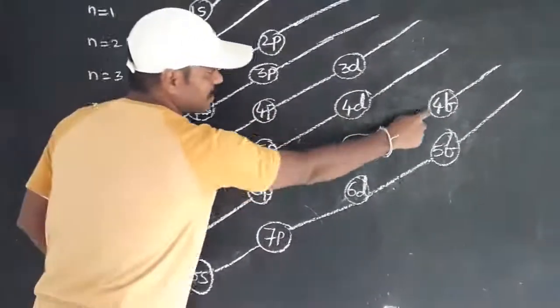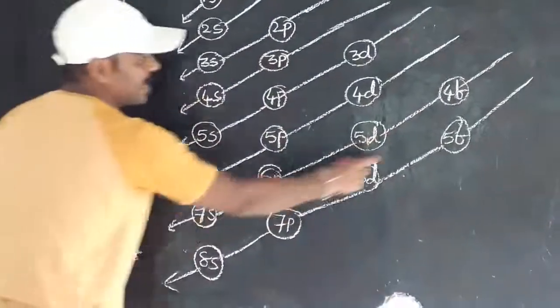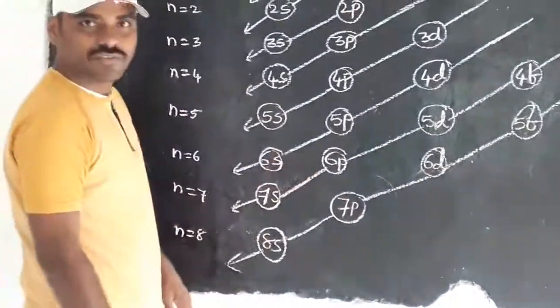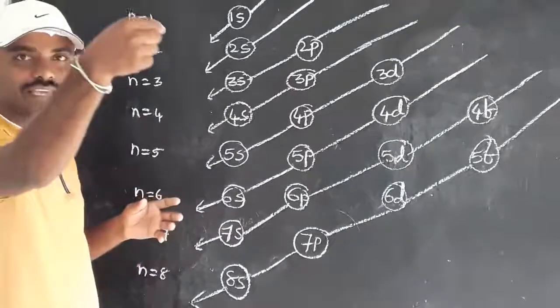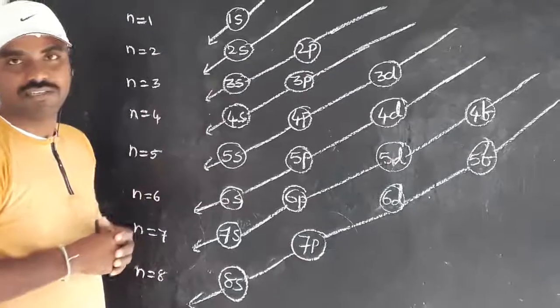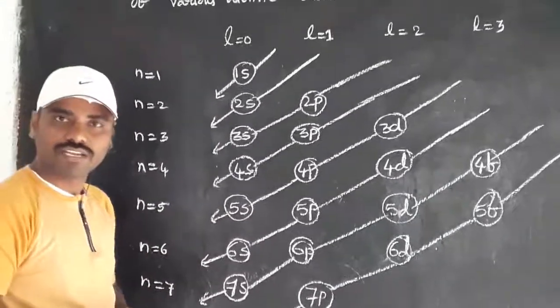The next one is 4f, 5d, 6p, 7s. And one more is 5f, 6d, 7p, 8s. So it is easy to identify how the increasing order of orbital energy is laid out in the Moeller chart. Understood, children? What clarity!